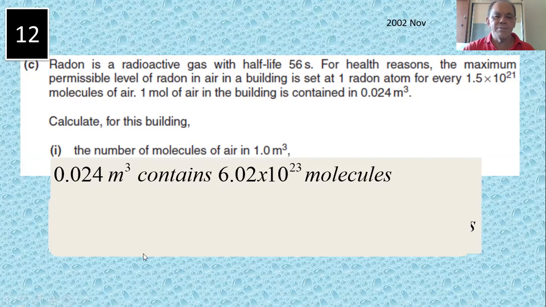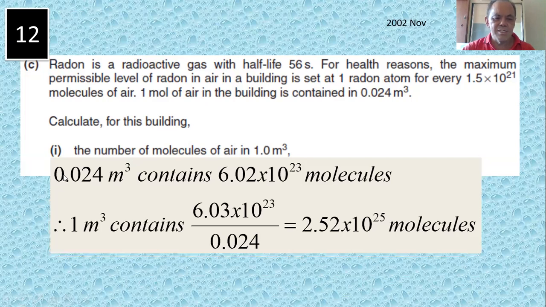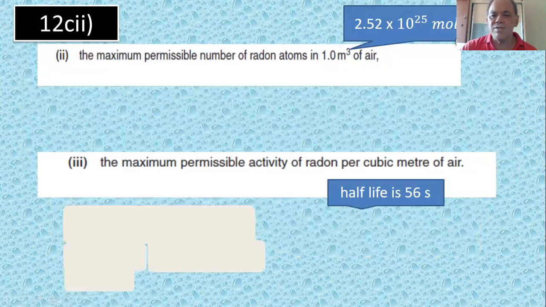So for 1 meter cube, you just divide by 0.024, and you get the number of molecules present in 1 meter cube. Okay, so that's what we have calculated: the number of air molecules present in 1 meter cube.